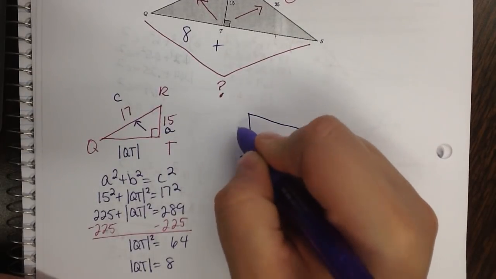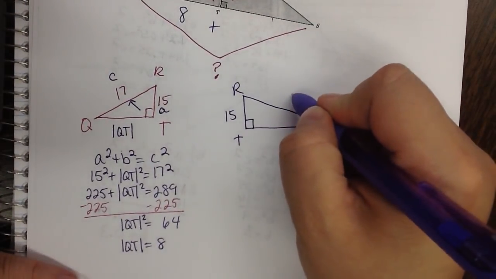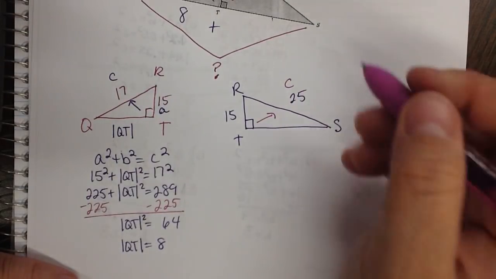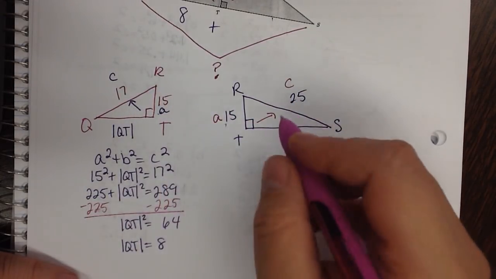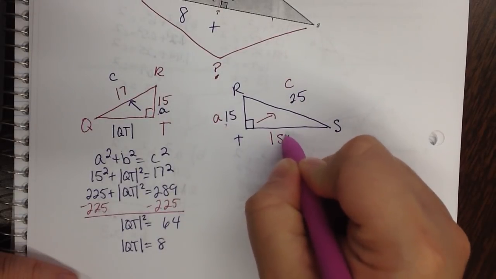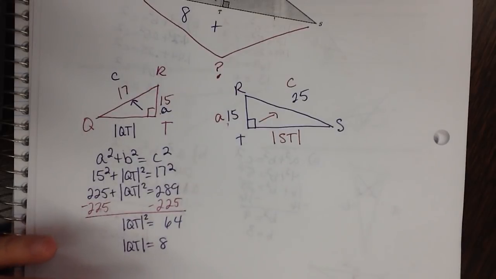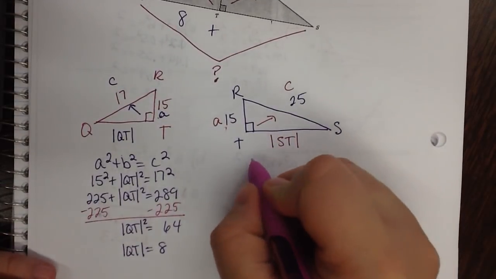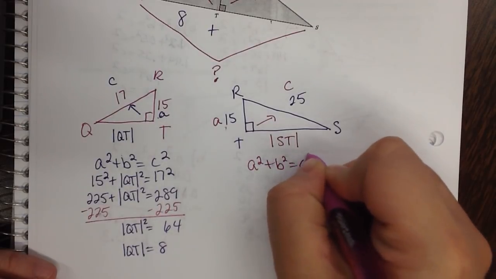So my right angle T, 15, R, S, and I know this is 25. So across from the right angle is C. We're going to call this A again because we called it A on the other one. And then down here we're going to call this the distance from S to T. Okay, so again, Pythagorean theorem, A squared plus B squared equals C squared.